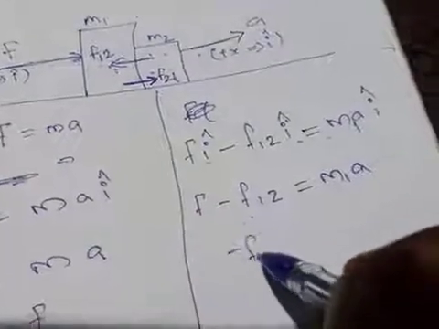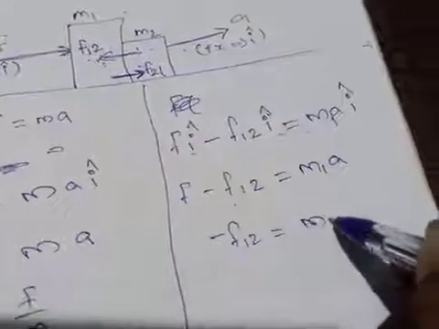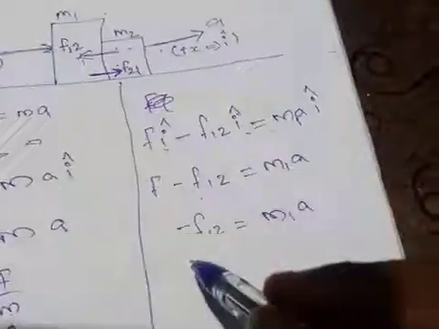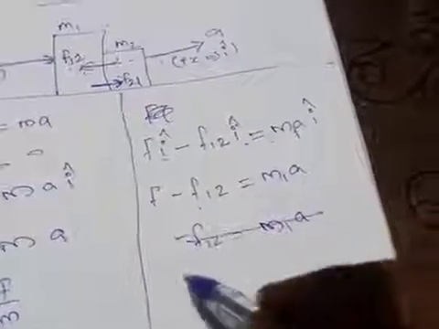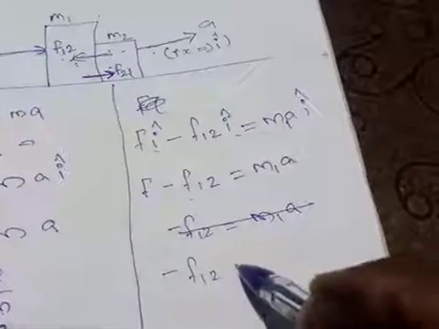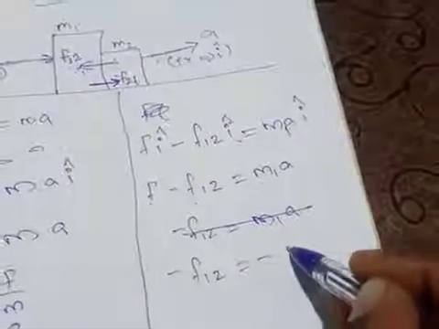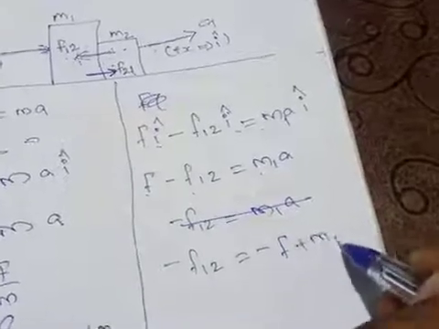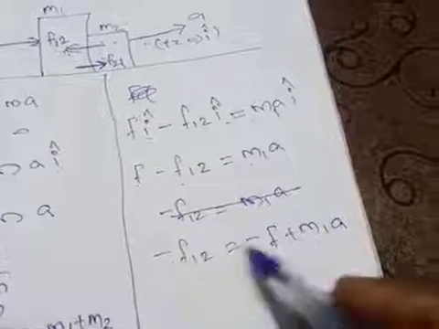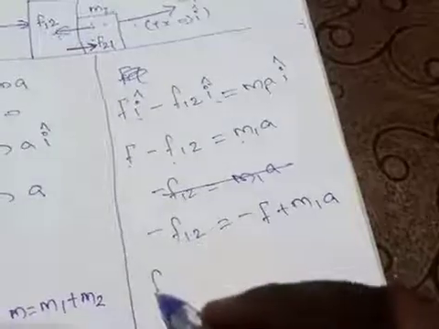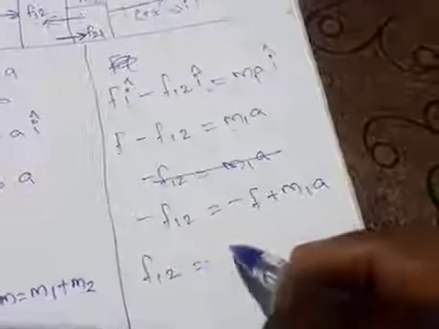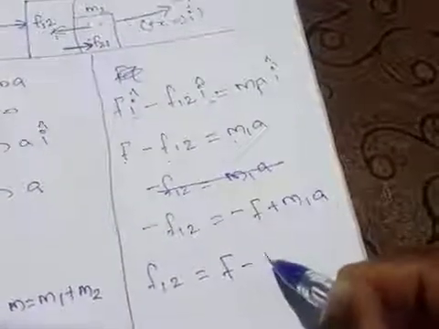So minus F12 is equal to M1 A minus F; taking F to this side, F12 is equal to capital F minus M1 A.